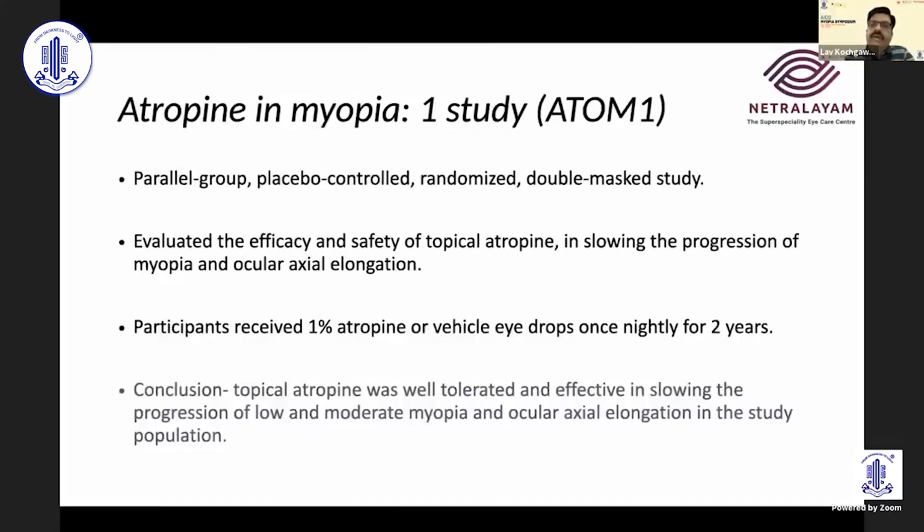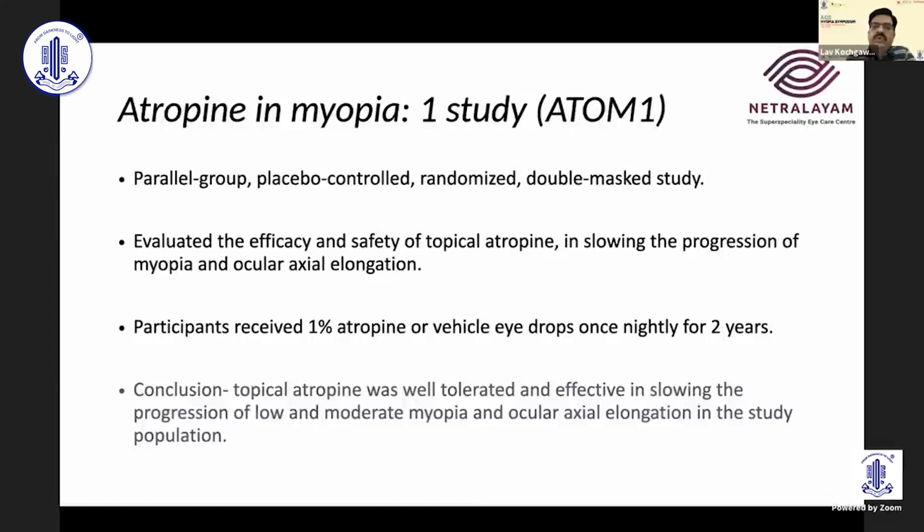Then came the ATOM studies. The ATOM 1 study was a parallel group, placebo-controlled, double-masked RCT. It evaluated the efficacy and safety of topical atropine in slowing the progression of myopia and ocular axial elongation. The participants received 1% atropine once at night for 2 years.